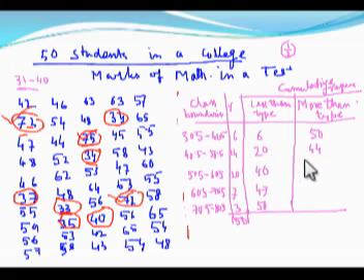Then we subtract 40 from 44 and get 4... then we subtract 20 and get 10. Then we subtract 7 and get 3. This is how the more than type is calculated, and this is the way cumulative frequency is obtained.